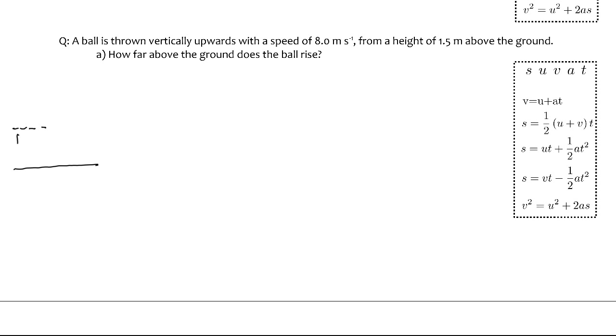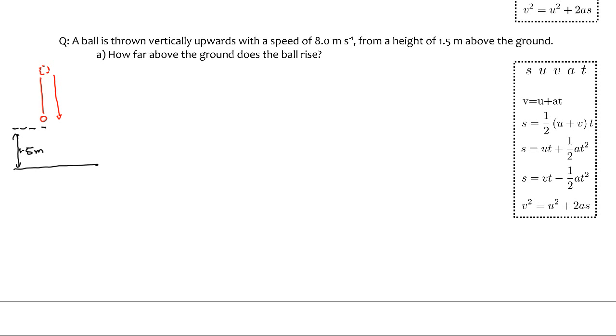So this is the distance of 1.5 meters, and the ball is thrown up. So the ball is going to go up. It will reach the top, and then it will come back down again.